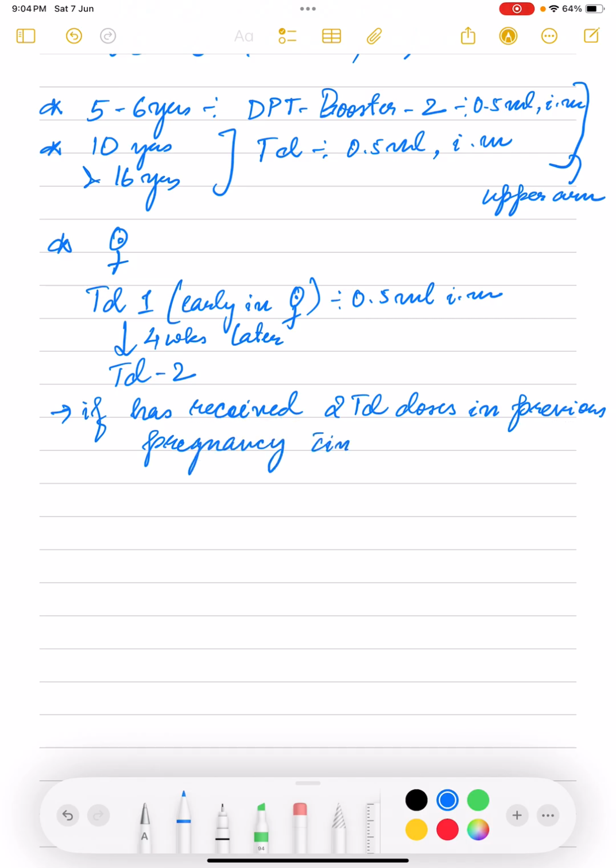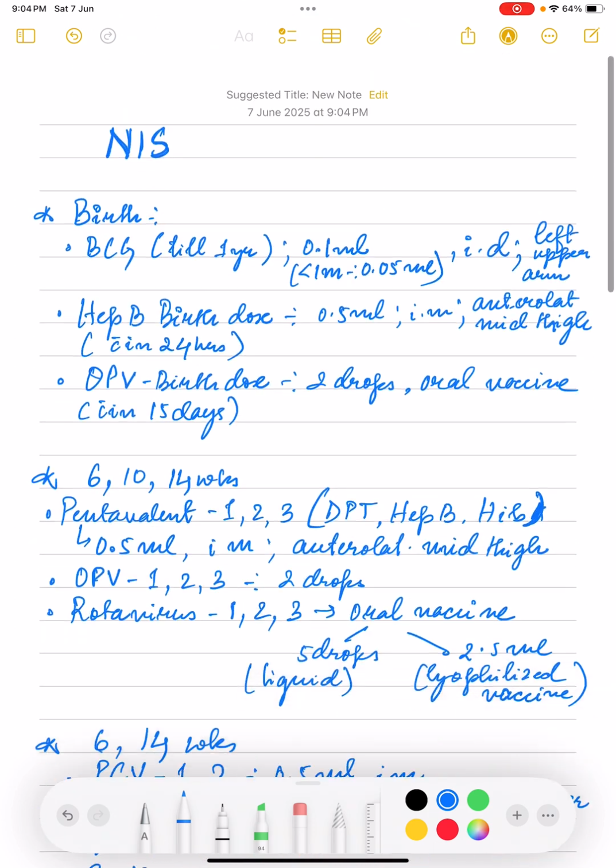Okay. This 3 years is important. Within 3 years, then we have to give just the TD booster. This is it for the NIS schedule.